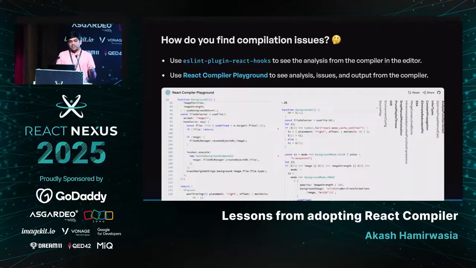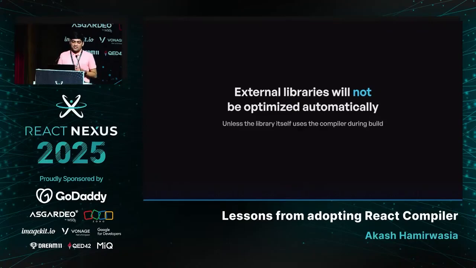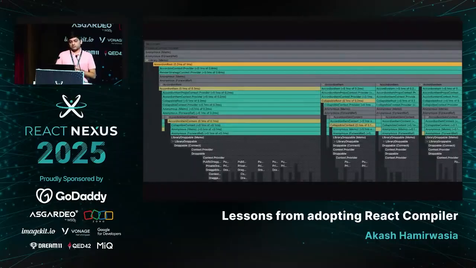The third caveat was that the external libraries that you use will not be optimized automatically unless the library itself uses the compiler during its build process. So this is another snapshot from the profiler. Notice how a lot of these accordion-based components are still re-rendering. They are not optimized by the compiler. These components are coming from a package that I use called Ark UI.